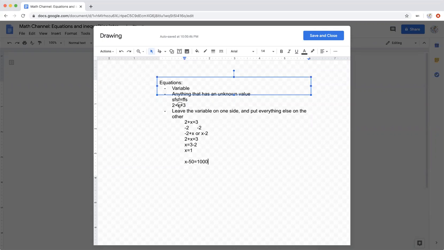So now, in this case, what would you do? As I mentioned, you would keep x on one side, but since it's minus 50, you would do the inverse and add 50 to both sides. One common mistake is when the problem is 50 minus x is equal to 1,000. In this case, most people tend to add 50 to both sides, but it's actually the exact opposite.